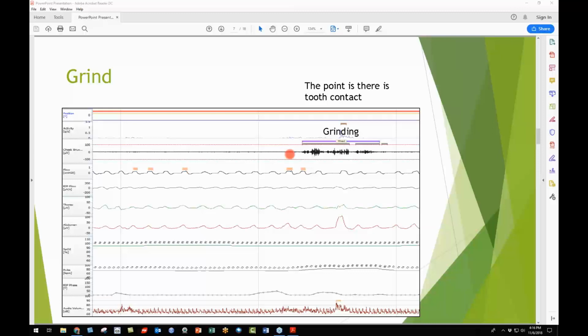You can see clearly here on the masseter channels, that top channel where I'm moving the cursor, that this looks like an 8 or 10, and this is probably closer to a 15-second event. The other thing you might notice is that the magnitude, the amplitude, or the strength of the grind is a little bit less, but it's a lot longer event. So you really can't say which one's worse, a clench or a grind. They're just different, and they both wreak havoc on dentition.